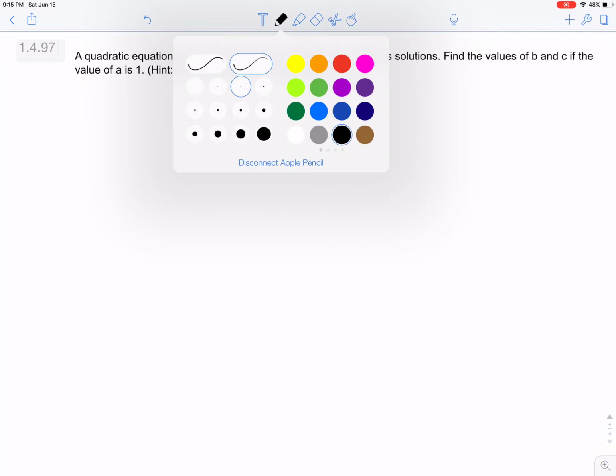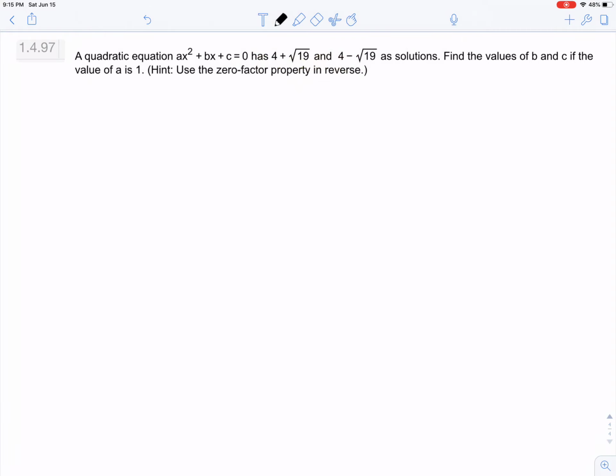Okay. So the zero factor property says that when we have two things that multiply to give us 0, either the first thing equals 0 or the second thing equals 0. So here they gave us the solutions, right? So we imagine that we start with the answer.